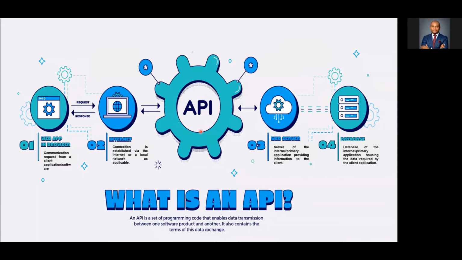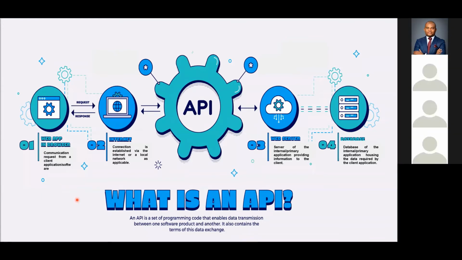Consciously or probably unconsciously, we have been experiencing these API services in our day-to-day activities, which I would like to give an instance of. Take, for instance, we are trying to send some funds to a beneficiary in another bank. When you launch your mobile application, you supply the beneficiary's account number, and you see that it brings out the names and some other details related to the beneficiary.